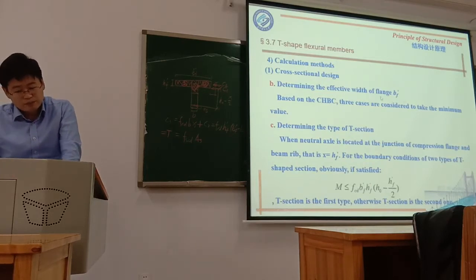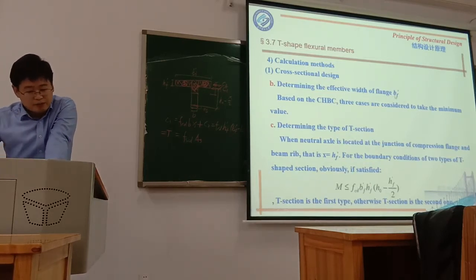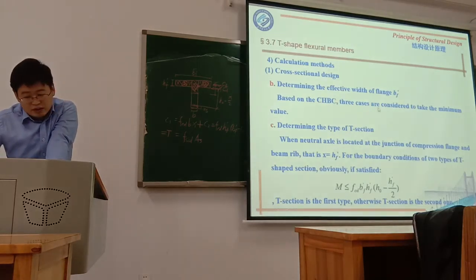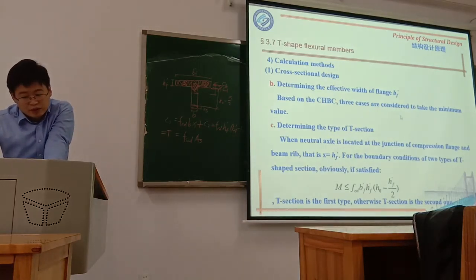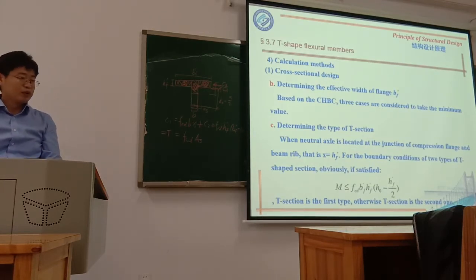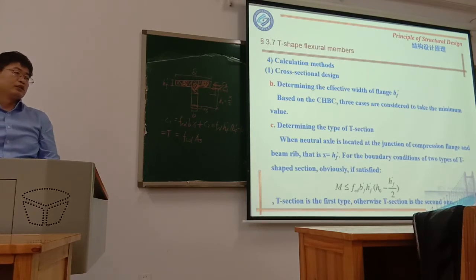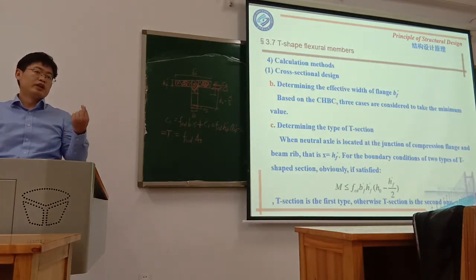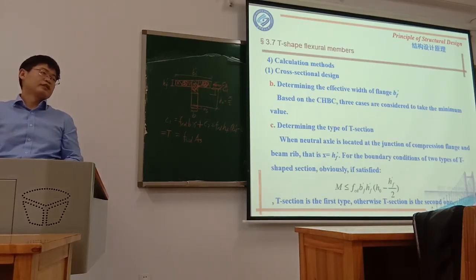So how to determine this bf' based on the CHBC code? The case can consider taking the minimum value. So these three conditions are in your book, page 72. Three different conditions, you can get different values, then choose the minimum one.